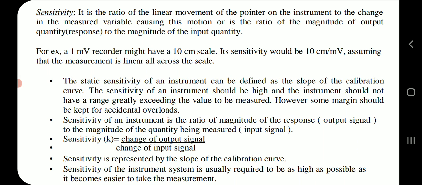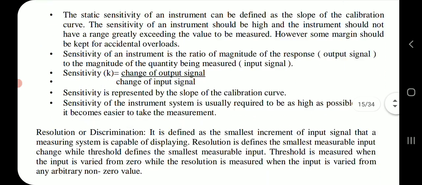Sensitivity K is equal to the change of output signal divided by the change of input signal. Sensitivity is represented by the slope of the calibration curve. Sensitivity of the instrument system is usually required to be as high as possible as it becomes easier to take the measurement.